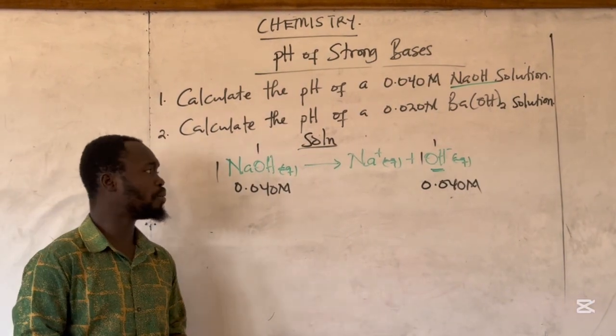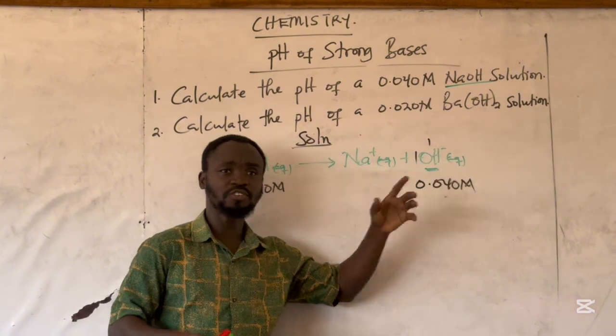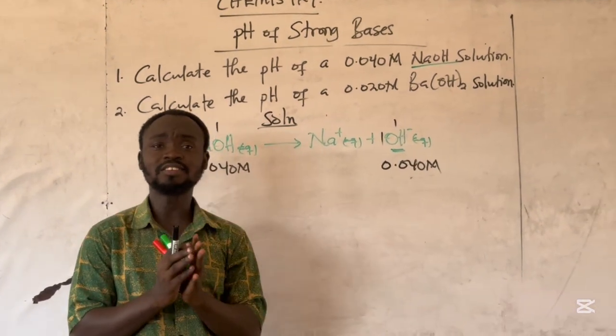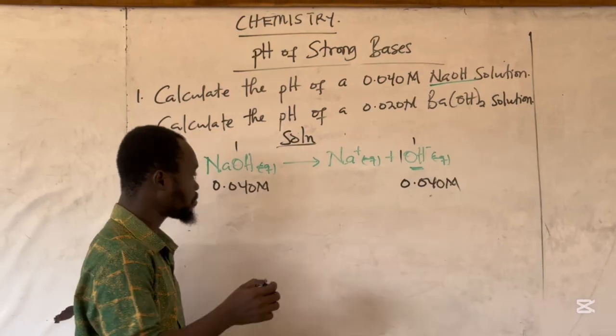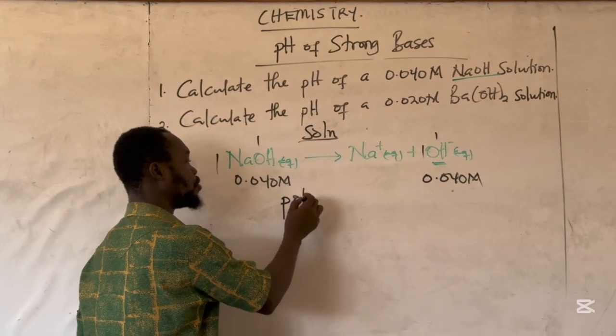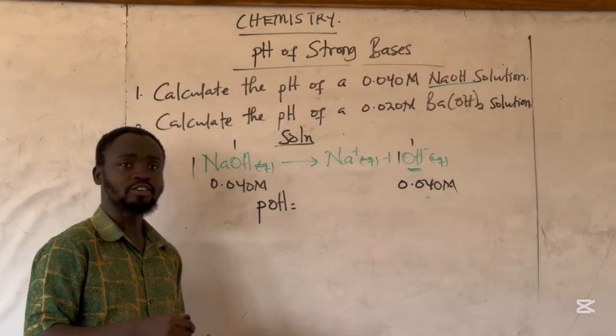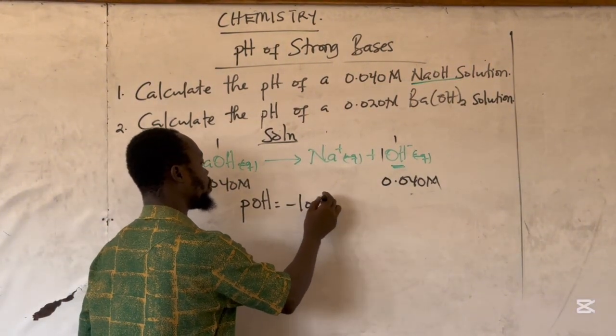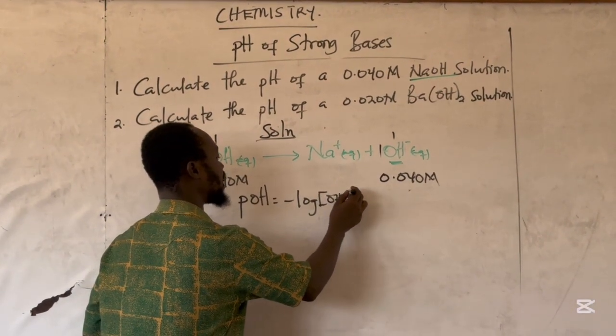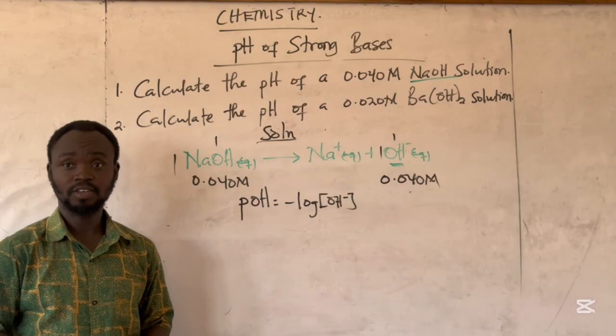But since we are talking about OH minus ion concentration, we don't directly calculate its pH. We calculate, first of all, pOH. And what is pOH? According to Sorensen, pOH is the negative log of the OH minus ion concentration. Is that right?